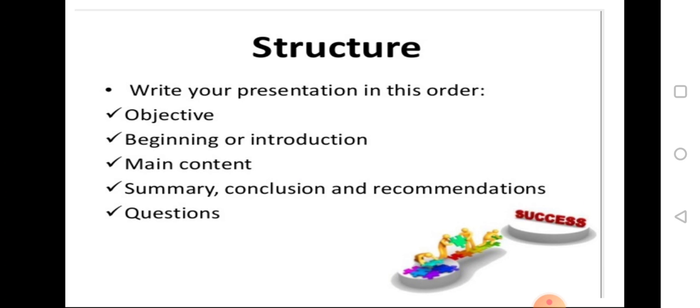First of all, we should introduce the topic on which we are going to give the presentation. Then the main content, what is the issue and what is the theme of the presentation. Then we should give the summary, or we should conclude and provide the recommendations at the end of the presentation. And then we should invite questions or queries of the audience.